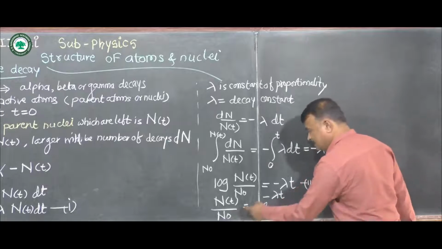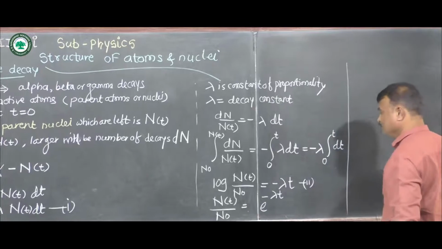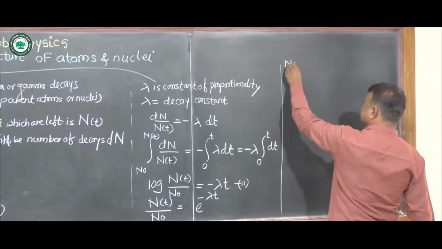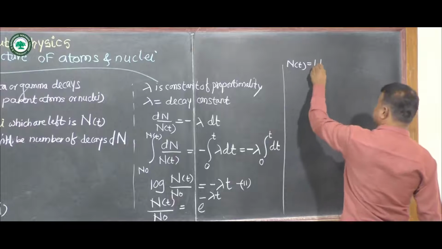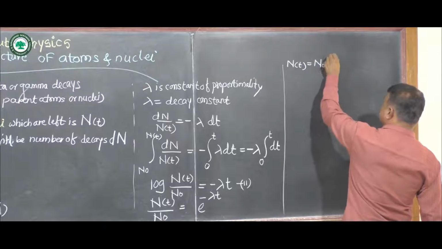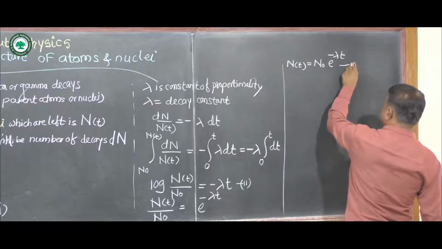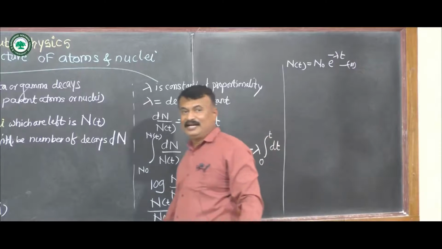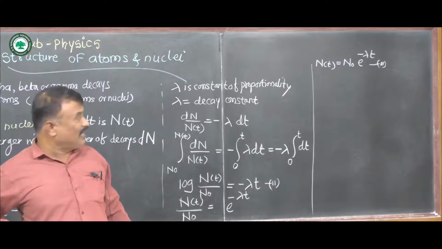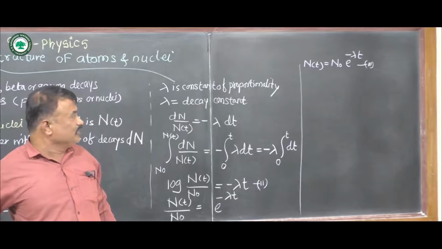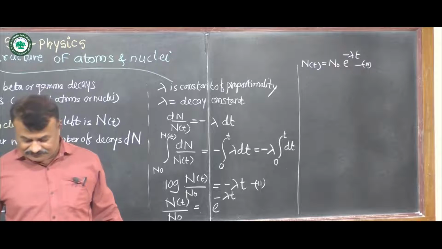This N0 on that side will be multiplied, so we get the next equation: Nt is equal to N0 into e raised to minus lambda t. Equation 3. In this way we get equation 3, which gives us the value of Nt equal to N0 into e raised to minus lambda t.